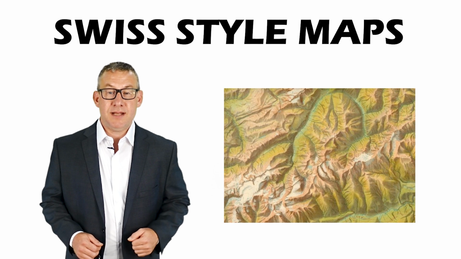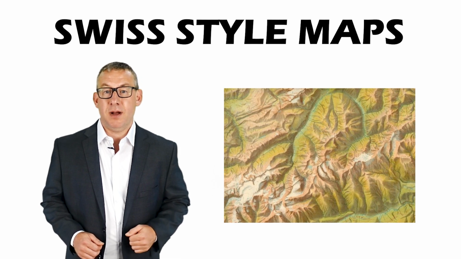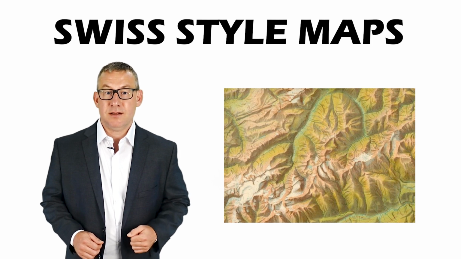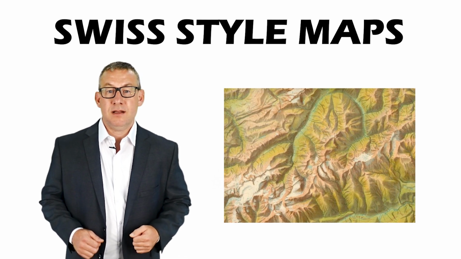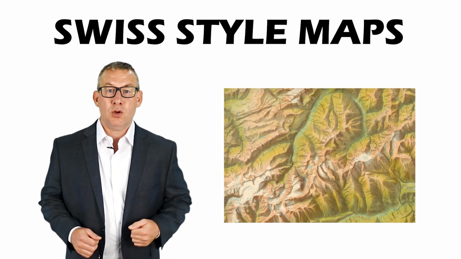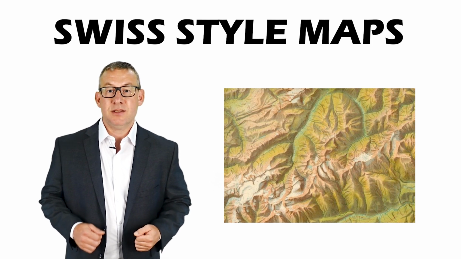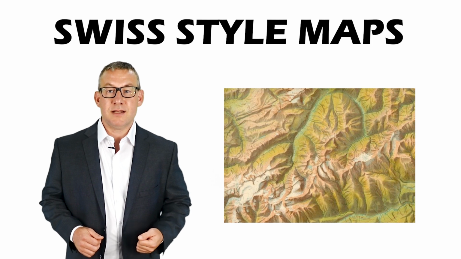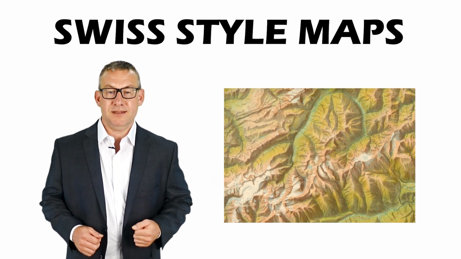Swiss-style terrain representation is a style that combines various methods of terrain representation, such as relief shading, contouring, rock drawing, and scree patterns, in a manner consistent with the long-established practices of Swiss cartographers that creates a three-dimensional relief impression.